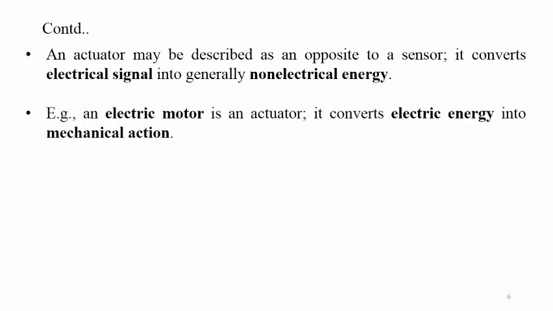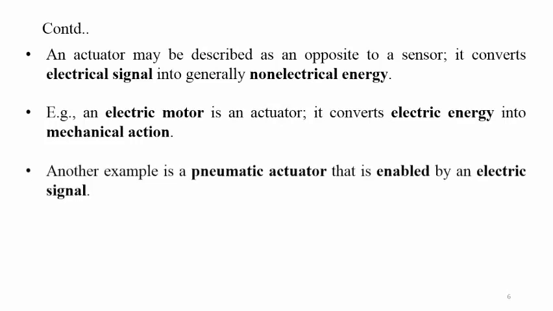It converts electrical energy into mechanical action. Mechanical action is nothing but the rotary action, where the rotor part in the motor or stator assembly will rotate. The working principle of the motor you know very well.